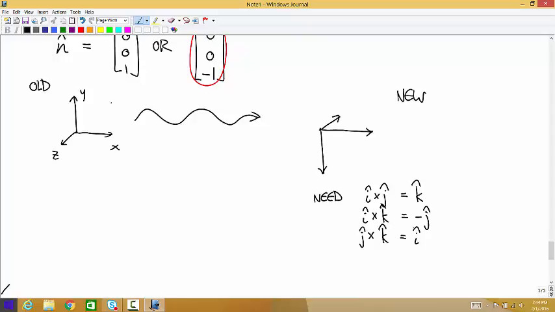That's what we need when we label these. There are multiple ways you could do it. So let's make this the x-axis, this the y-axis, and that the z-axis.